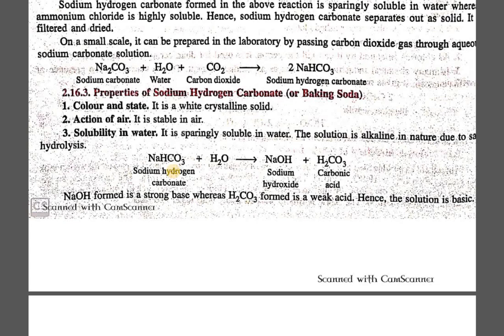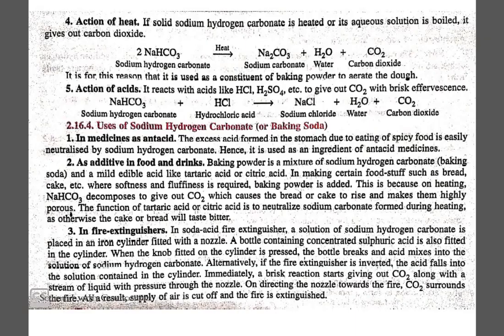Sodium hydroxide formed here is a strong base and the carbonic acid here is a weak acid. So the solution is basic. I hope it is clear because I have already discussed the nature of salts. That is, it can be acidic, basic or neutral depending upon which acid or which base is undergoing reaction to form the salt.